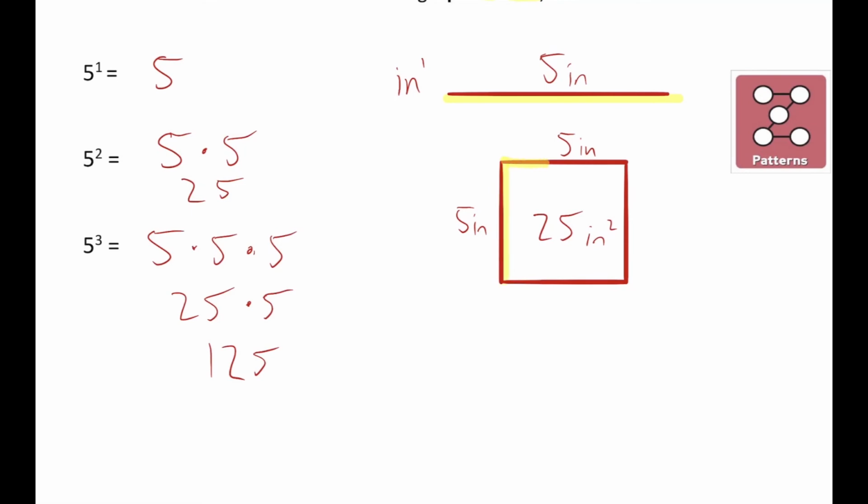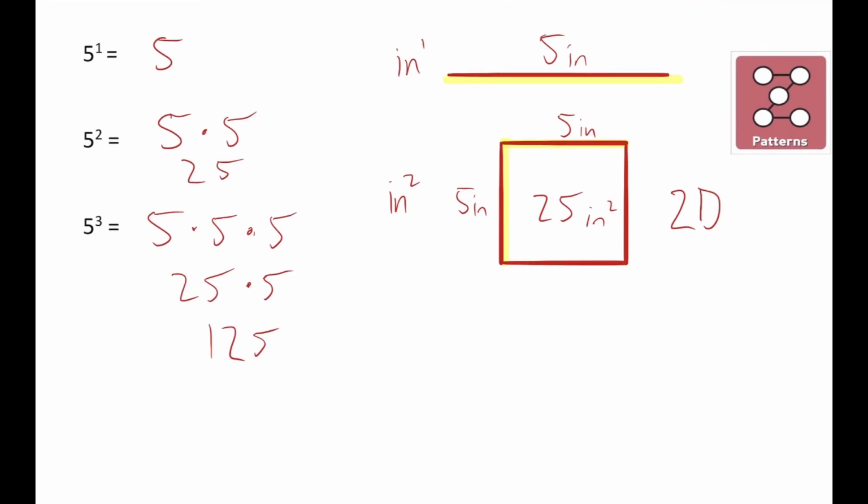I'm going in this direction and this direction, length and width, or base and height. And because I'm going in 2 directions, I have inches squared. So I'm going to be talking about square inches when I'm talking about area. And this is not only 2 directions, but I could say that this is 2 dimensions. So this is a 2-dimensional object.